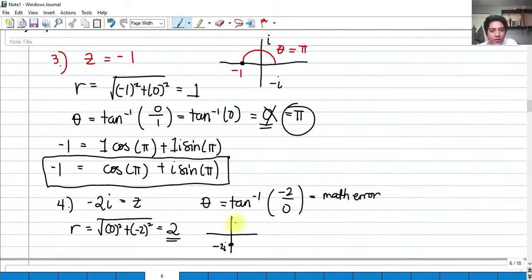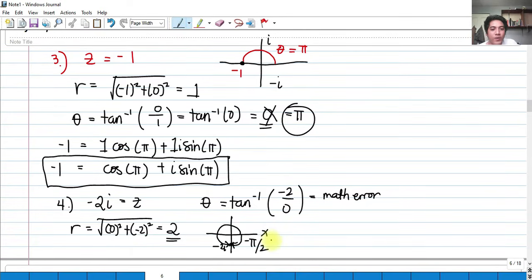If we're going to measure the angle of this, either counterclockwise or clockwise, from the clockwise direction it is only equal to negative pi over 2 or negative 90 degrees, in the clockwise direction from the positive x-axis.